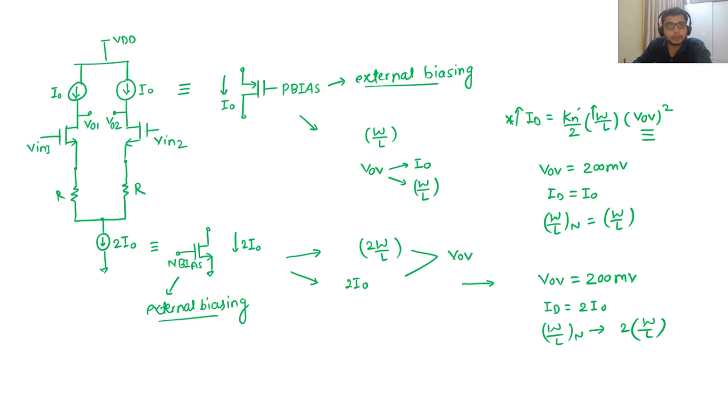Now I'll use these practical circuits, or practical current sources. This is some bias voltage, which I call point A, and this is my input pair.